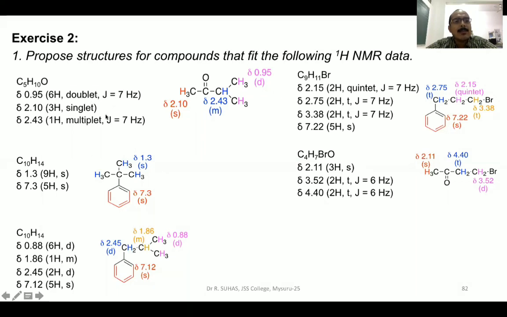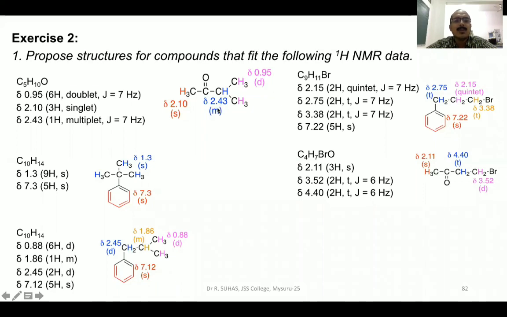So doublet, multiplet, 6H, 1H clearly tells that it should be an isopropyl group. 3H singlet is the characteristic feature of CH3, that is, methyl. So we have identified 1 methyl and 1 isopropyl group. This is a singlet, and this is a doublet and multiplet.